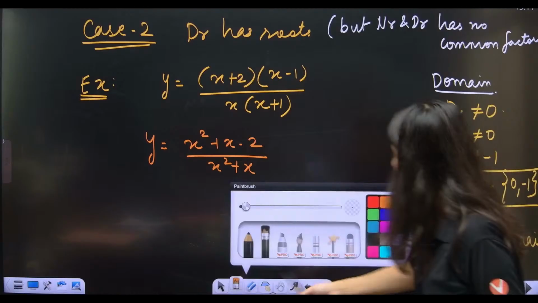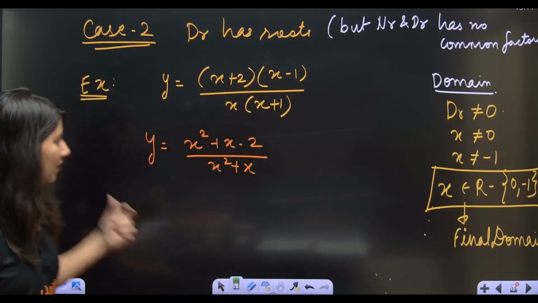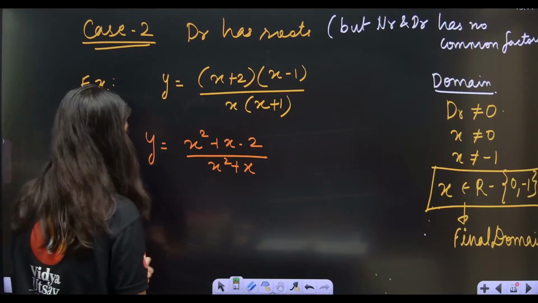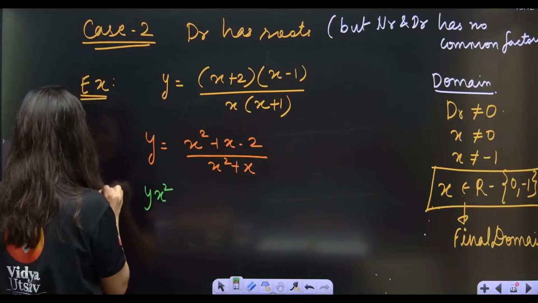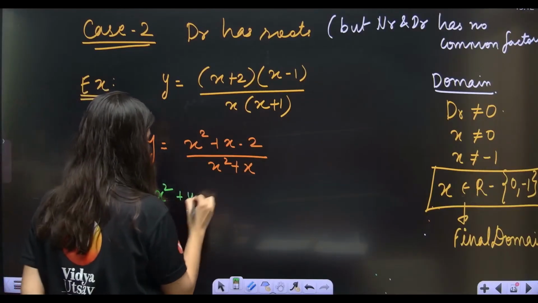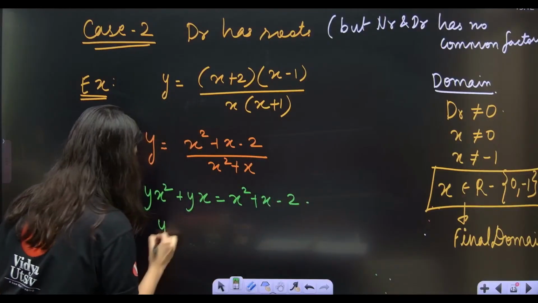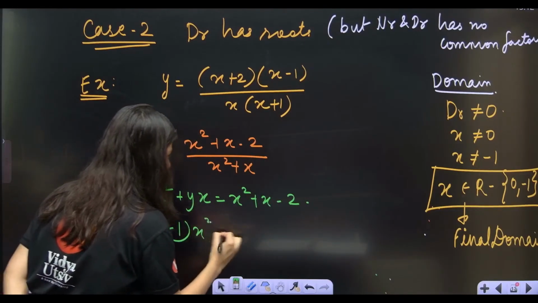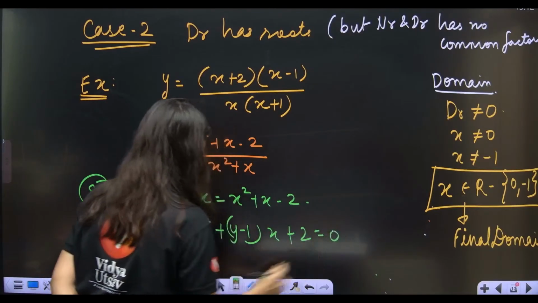There is this cross multiplication method, so let's do it. Step 1: yx² + yx = x² + x - 2. So (y - 1)x² + (y - 1)x + 2 = 0.